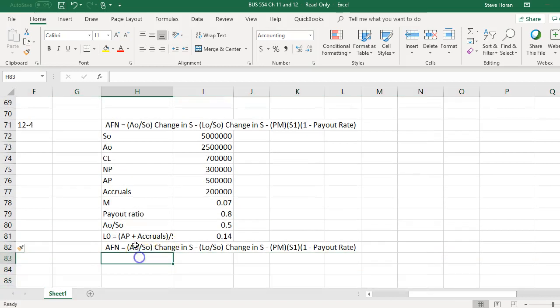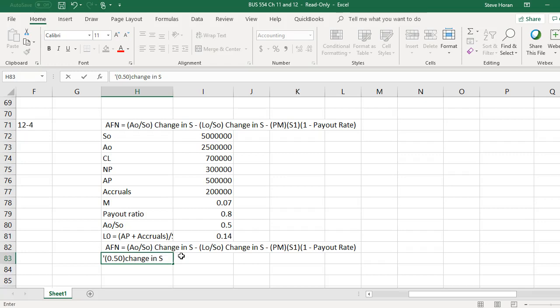We want to take these numbers here, and I'm just going to do it like this, just so it's easy to see what all the numbers are. So I'm going to force this to be a label and not be an actual formula with numbers. So we'll go 0.50 is my capital intensity ratio, and then that would be multiplied by the change in sales. I don't know how to do the triangle, so I'm just typing in change in sales.